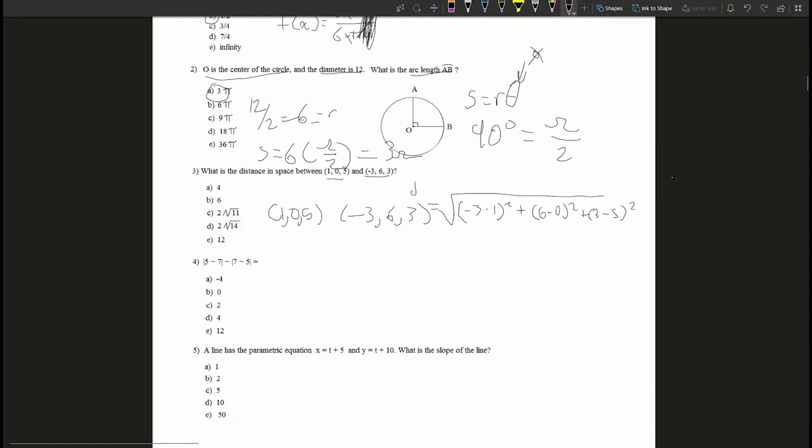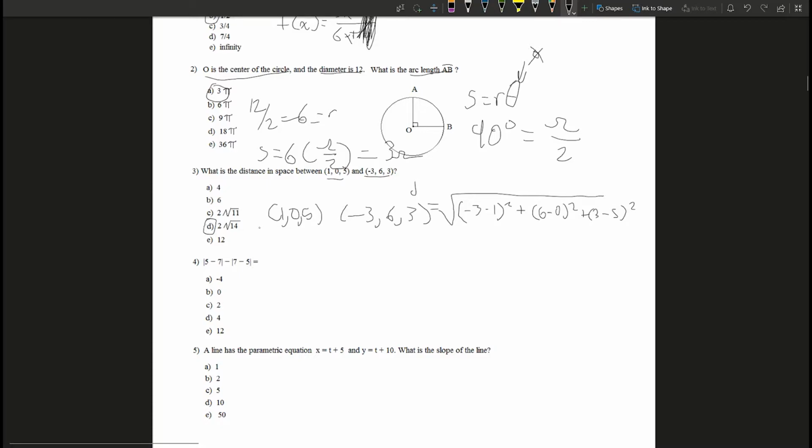And so let me take out my calculator here, and let's see what the answer is. Just give me a second. It's going to be 4 squared plus 6 squared plus 2 squared. And that should be 2 root 14.